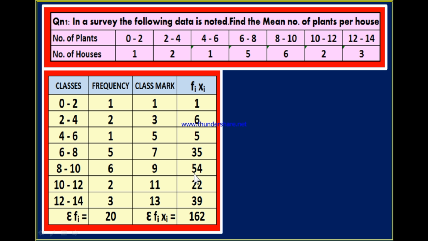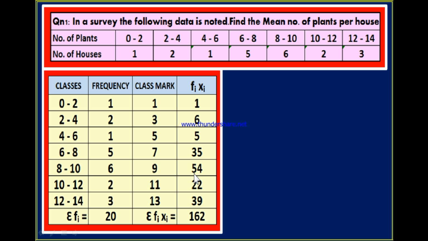Similarly, for the classes above 0, this is the xi value, xi minus a. 275 minus 325 is minus 50. And for this class, xi is 225, di is xi minus a, that is 225 minus 325, which is equal to minus 100. Understood? Is it clear now?